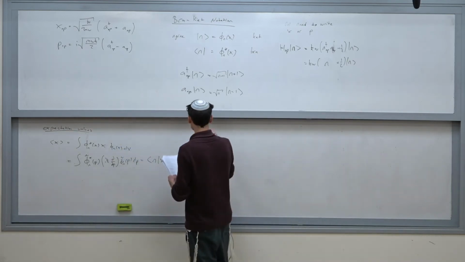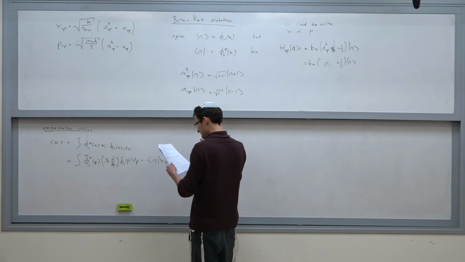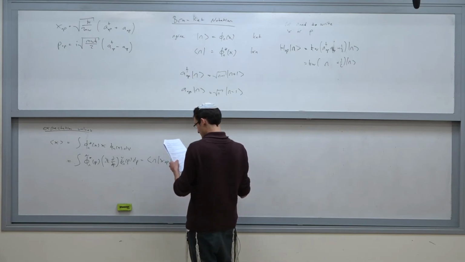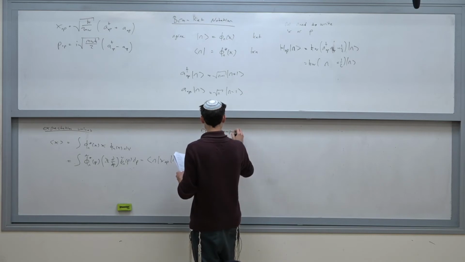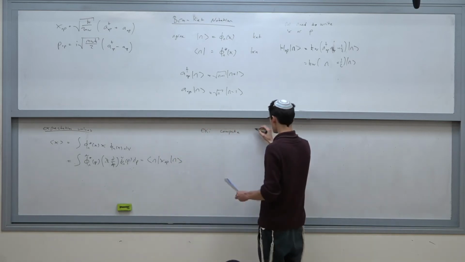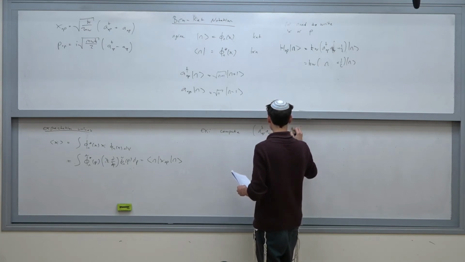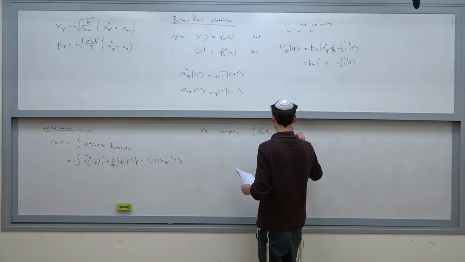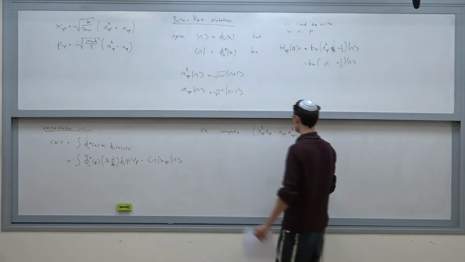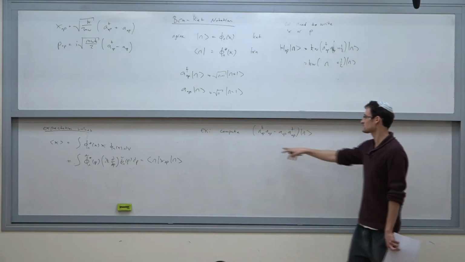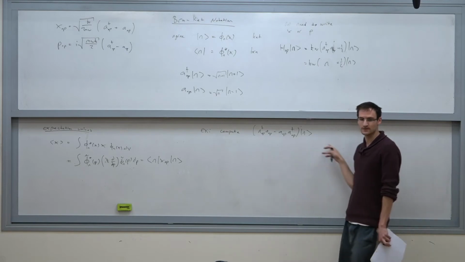Okay, let's solve an example to see how to use this notation. We would like to compute the expression A dagger A minus A A dagger acting on n. So if the order is irrelevant, this will be 0.